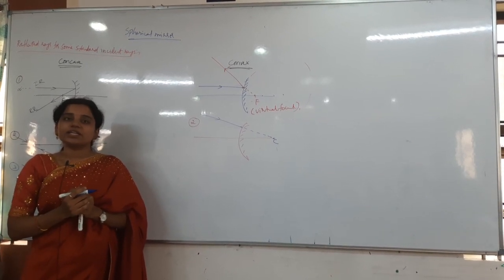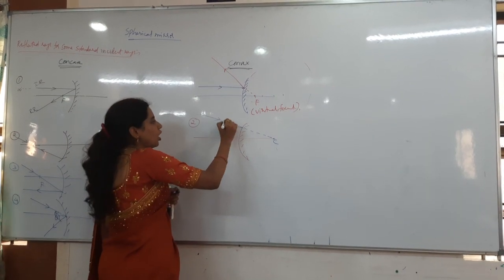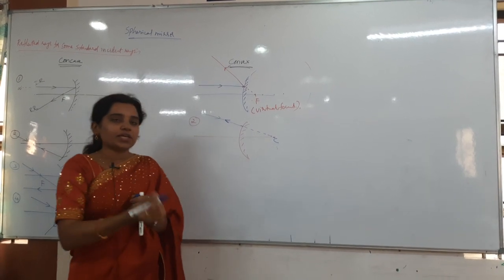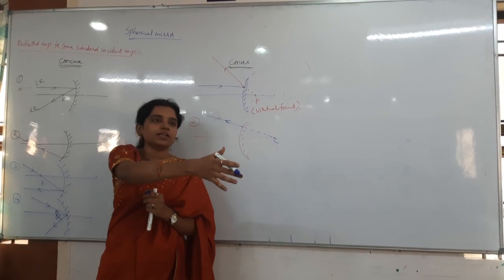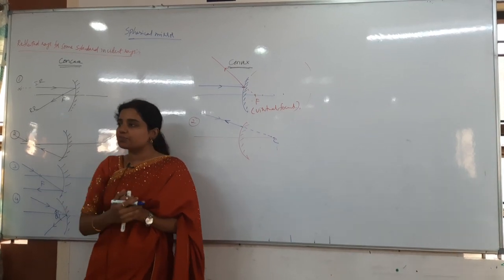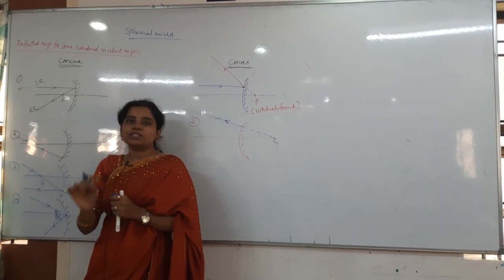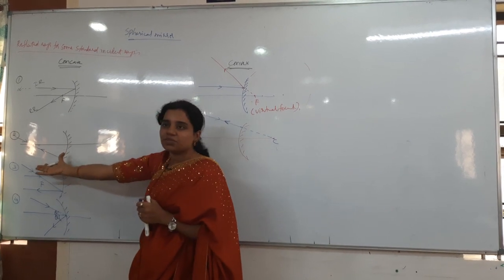What happens? It will retrace its path, right? So in which direction will it move again? The opposite direction. It appears like it is coming from the center. Initially it is going to the center, finally it is coming from the center. Why? Because it is retracing its path whenever the incident ray is passing through the center of curvature. Already we have discussed the same thing here also.